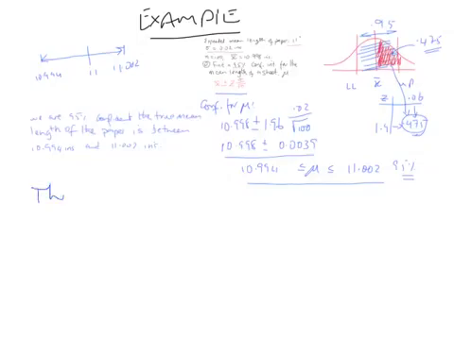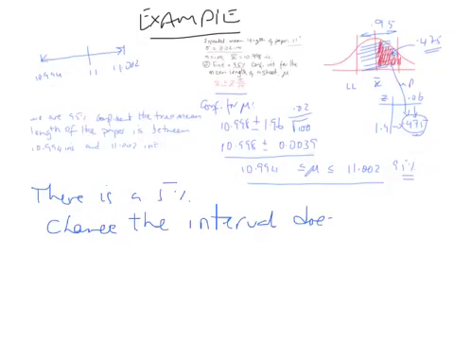So you make a note, there is a 5% chance the interval does not contain the mean, mu. Okay. So we gamble that it's actually in there, but there's a risk that it is not in there, and that risk is a 5% chance. Okay.